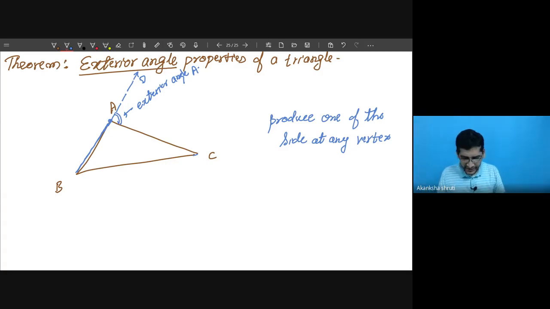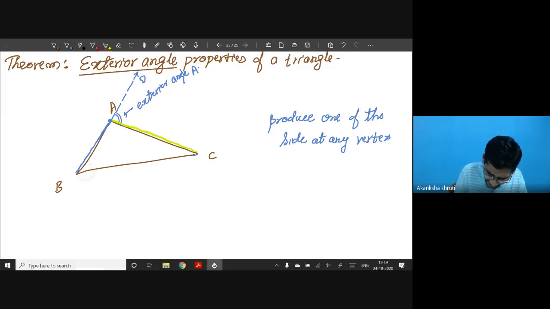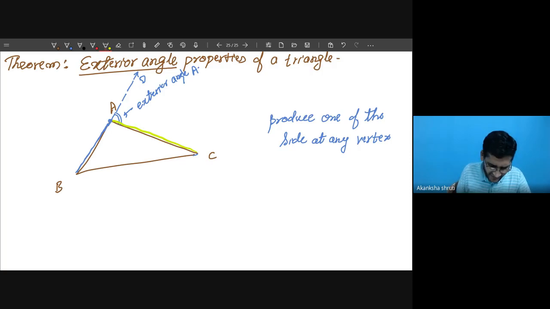Okay student? One of you may ask, sir, why have you just extended this BA? I am interested in extending CA. Surely you are free to do that. While you are extending this CA, observe this C and A. This is the side. Now extending this, how will it get extended? Students, while it is being extended, it will go like this. Is it okay?